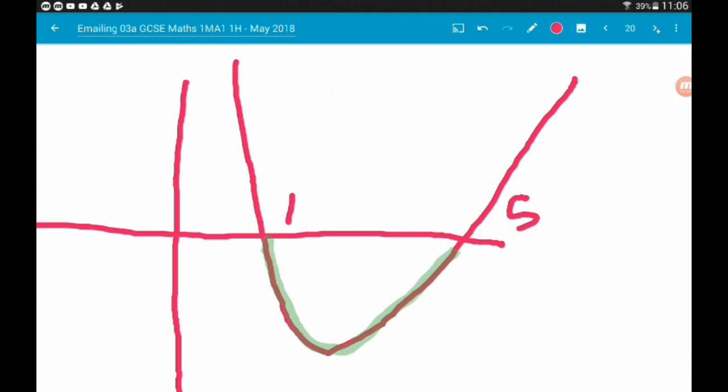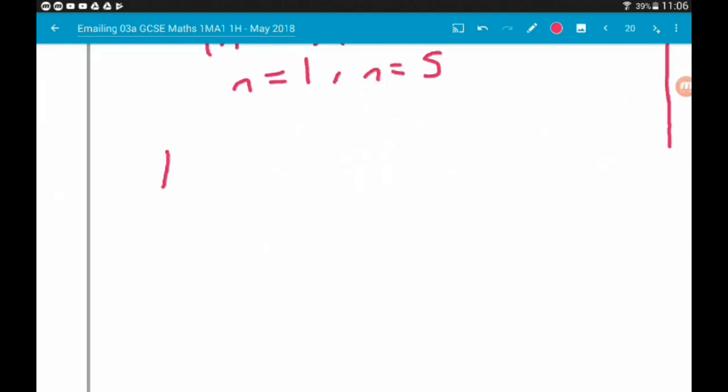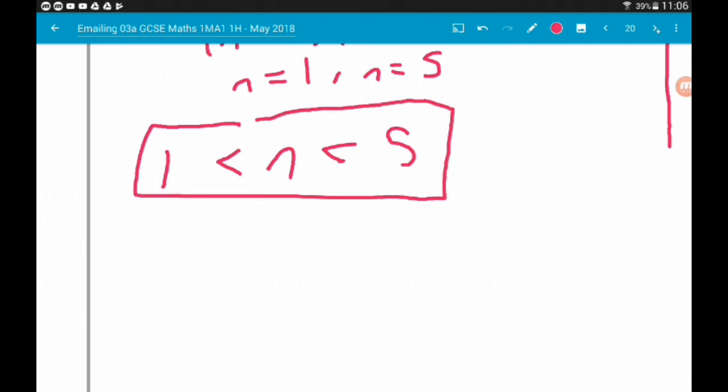So we want n to be greater than 1 and less than 5. So the inequality we get from this is 1 is less than n is less than 5. Let's write that over here so we don't lose it. 1 is less than n is less than 5. So that is the solution to the quadratic inequality.